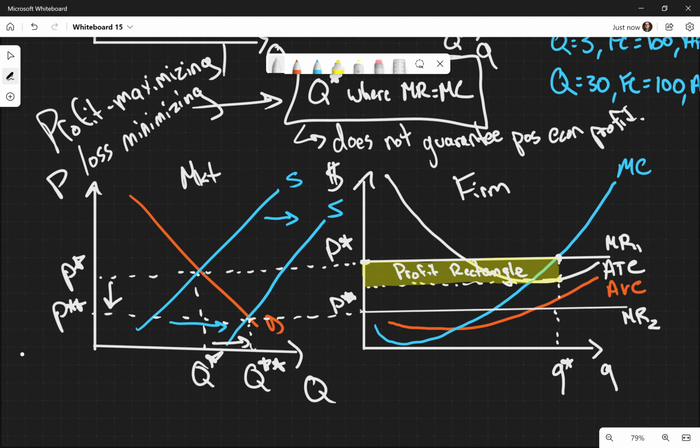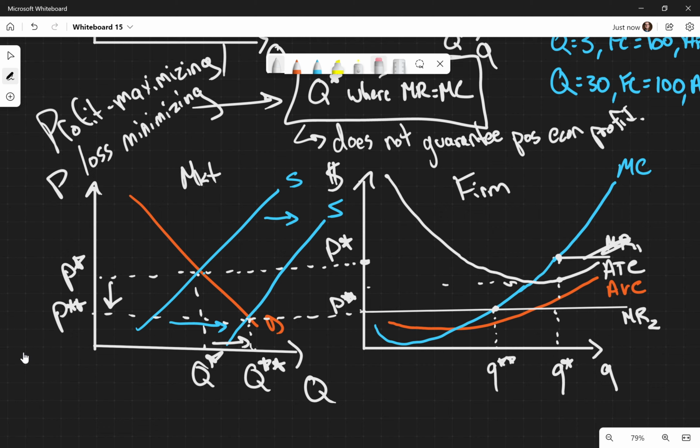Now, what is going on here with the firm? Before, we had the situation that they were making a profit, because the price was above the average total cost curve in that particular situation. But what is going on here now? It would help if I didn't erase all of the average total cost curve. So at this particular quantity, we have to actually go up to get our average total cost.